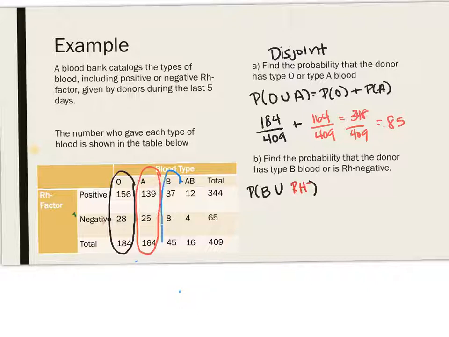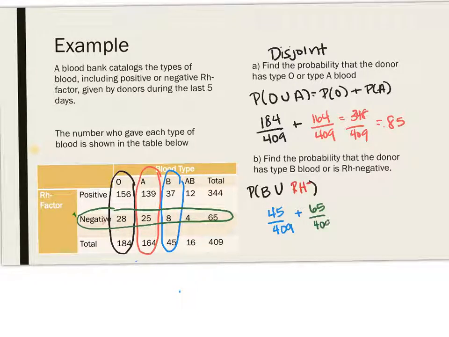The probability of type B blood is 45 out of 409. Plus, the probability you have Rh negative blood is 65 out of 409.